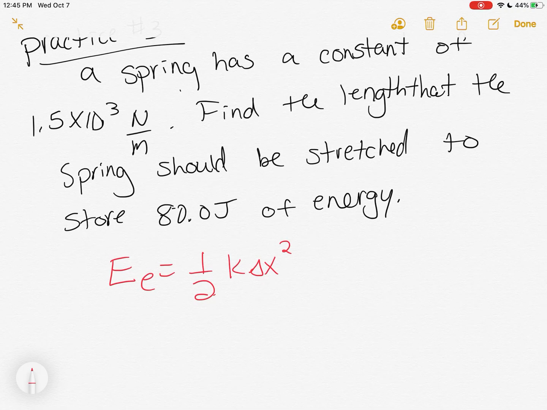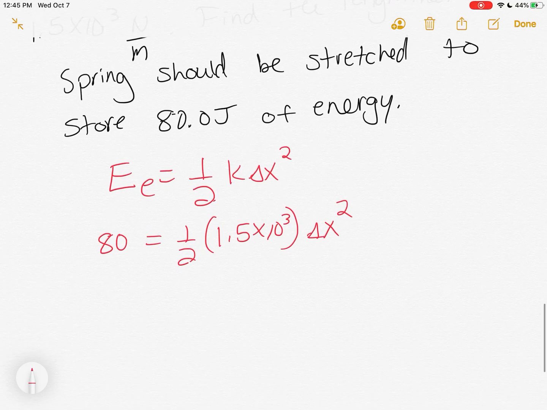Okay, so we're using our new formula here. Elastic energy is equal to 1/2 K delta X squared. Our elastic energy is 80 joules. Our spring constant is 1.5 times 10 to the 3. And we are looking to solve for our delta X. So we're going to do 80 divided by our 1.5 times 10 to the power of 3, multiplied by 1/2.